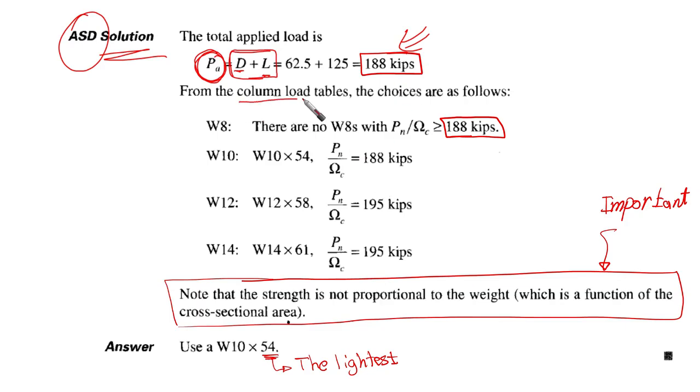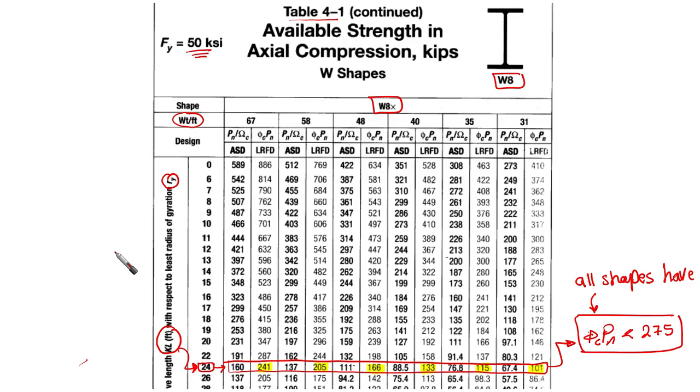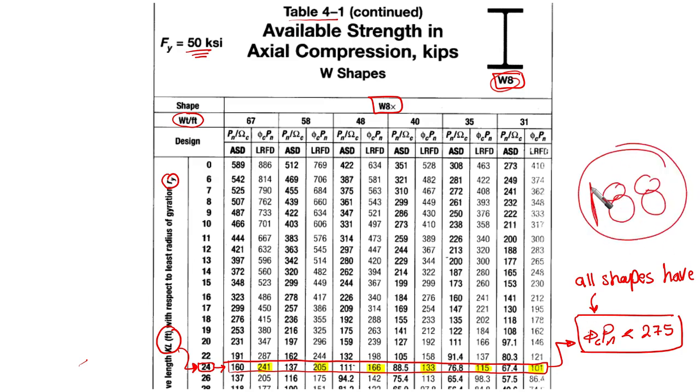From the column load tables still, the choices are as follows. Let's go through what we have done before. So W8, let's go to W8 again. We have done it before. Remember that our limit is 188, the applied strength, 188 kips.